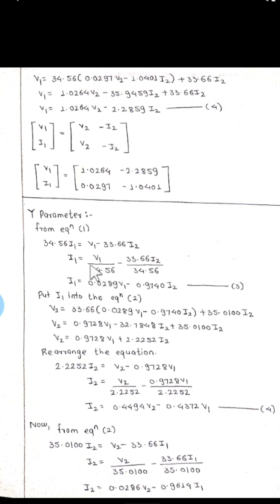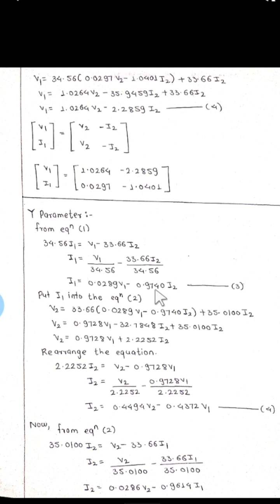We shift it, then we get I1 is equal to V1 divided by 34.56 minus 33.66 I2 divided by 34.56. By simplifying this, we get the equation for I1, that is I1 is equal to 0.0289 V1 minus 0.9740 I2. This is equation number 3.